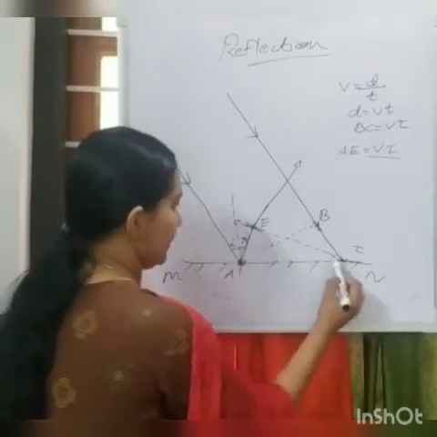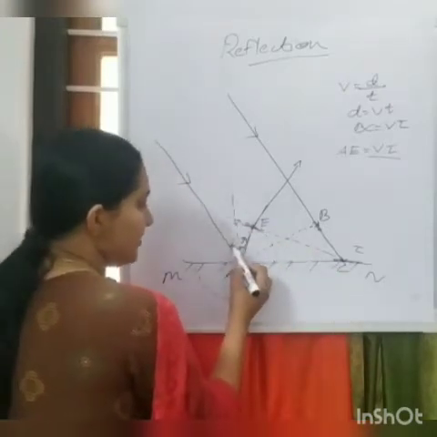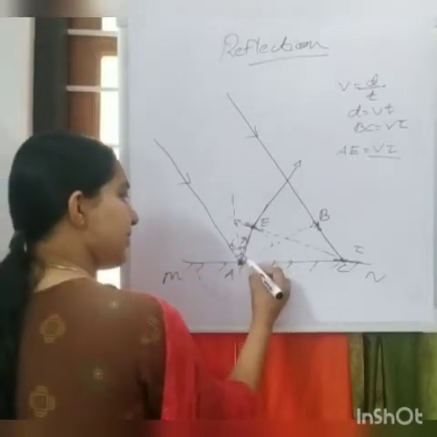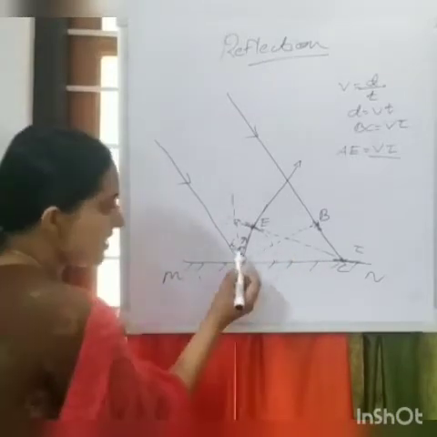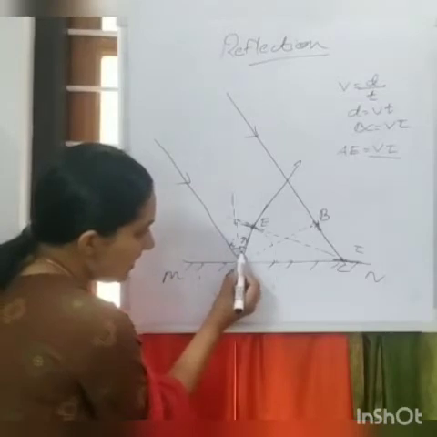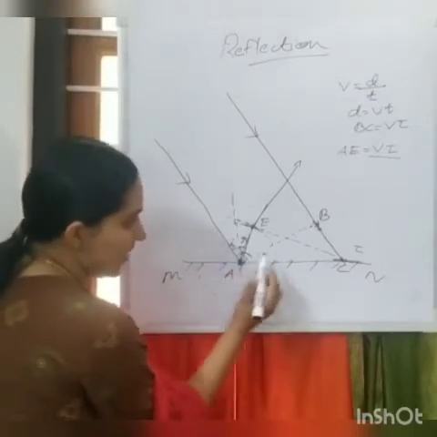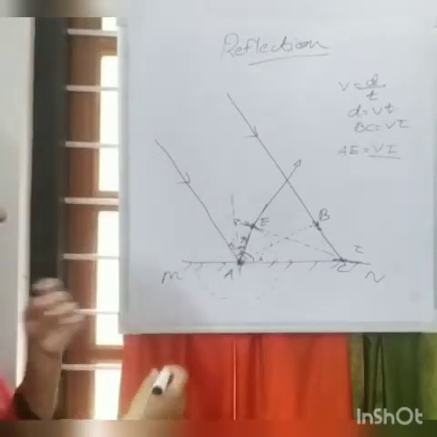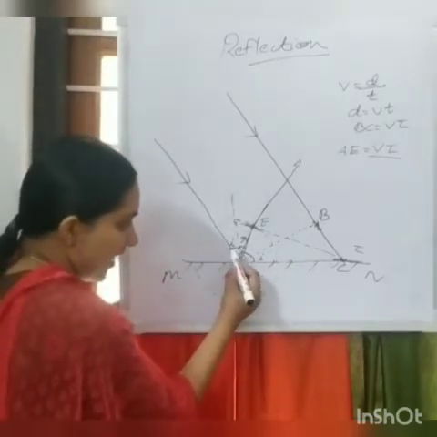Here this is I and this total angle will be 90 degree. So this angle will be 90 minus I. So this will be I. Have you understood? Here this is I.